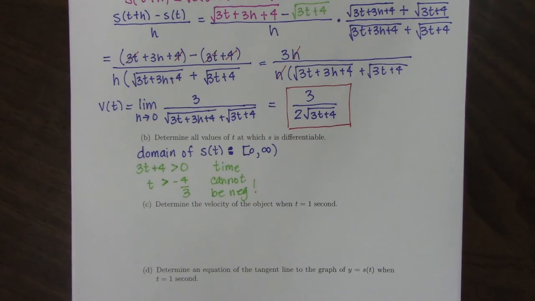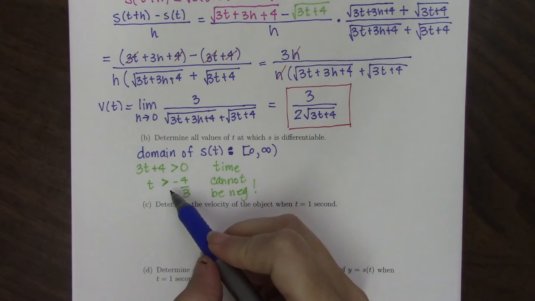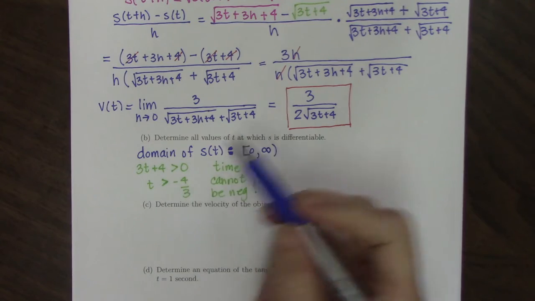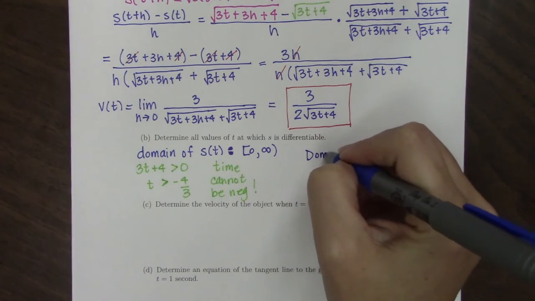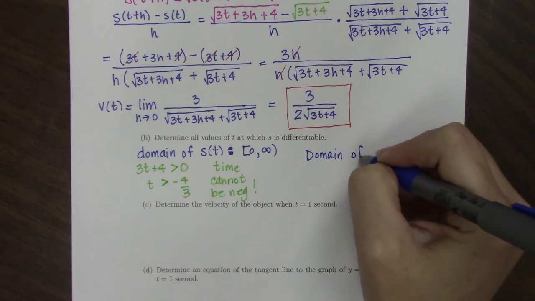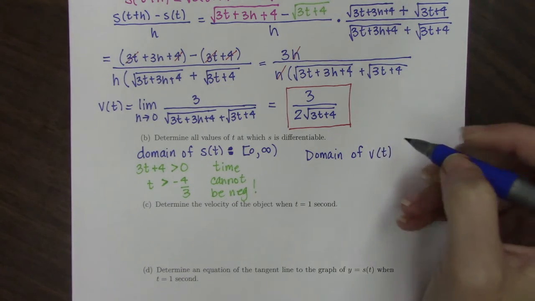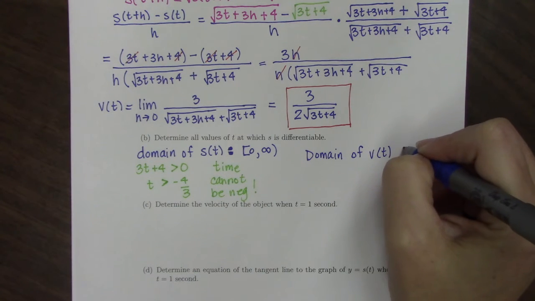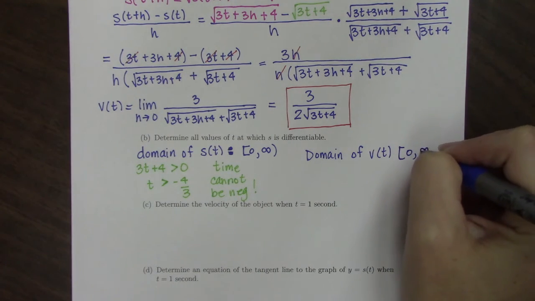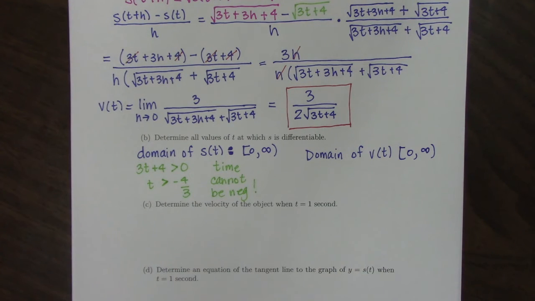That means that if anything less than -4/3 is the only thing that's going to put us in trouble here, then the domain of v of t is also 0 to positive infinity.